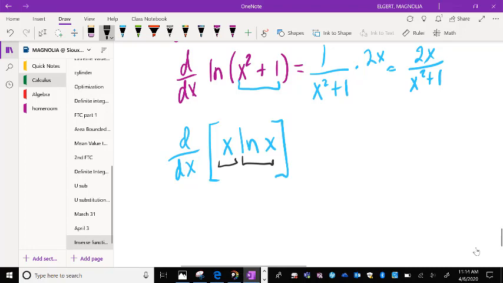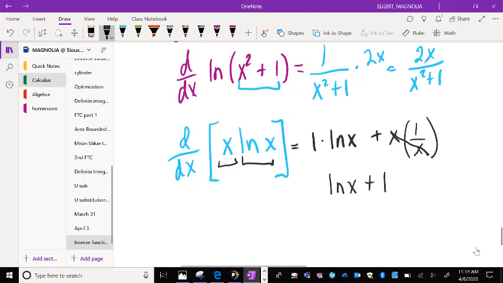I start with the derivative of the first function, which is 1, times the second function, the natural log of x, plus I keep the first function, x, times the derivative of that second function. The derivative of natural log of x is 1 over x. Then I simplify. It looks like these could cancel, so I get the natural log of x plus 1. That is my derivative.